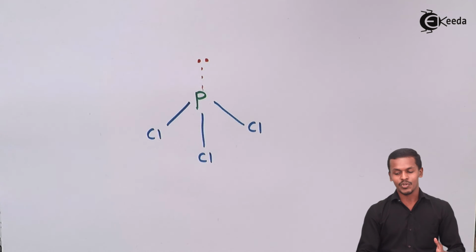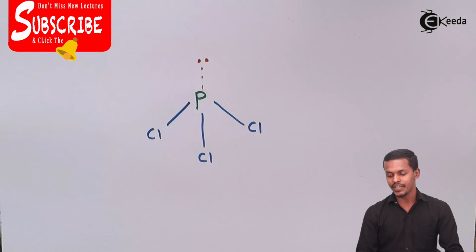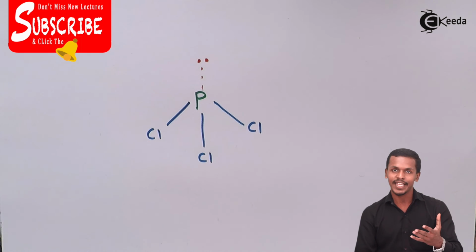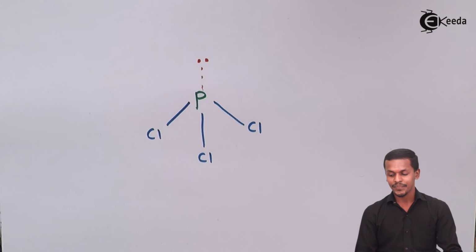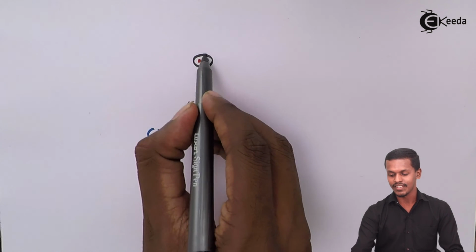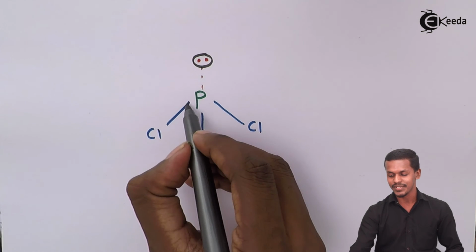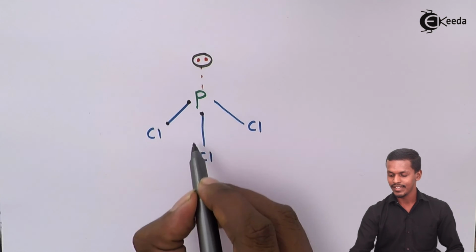Again, because it will also show sp3 hybridization, the bond angle would be 109 degrees 28 minutes, but because this lone pair is present on the phosphorus, it will have an effect on the bonding pairs, as you can see over here.